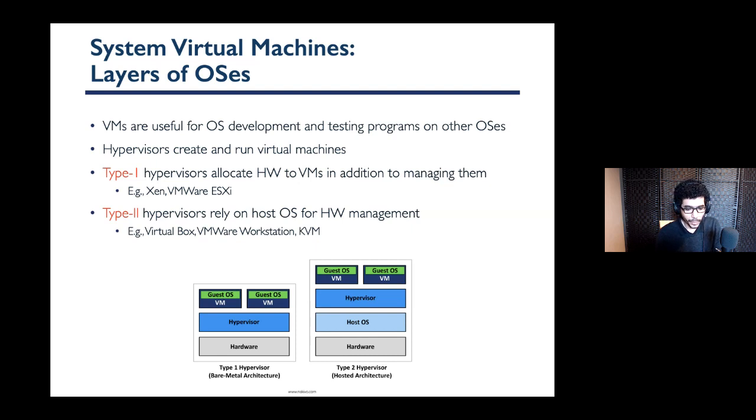With something like KVM, the part that manages virtual machines is integrated inside the Linux kernel. That's why it has such a seamless relationship with Linux, and that actually speeds up everything. So it really depends on how the hypervisor is implemented when we're talking about performance. Hopefully I answered that question.